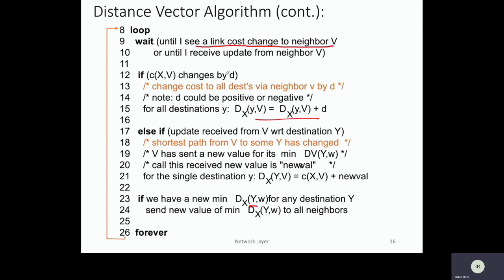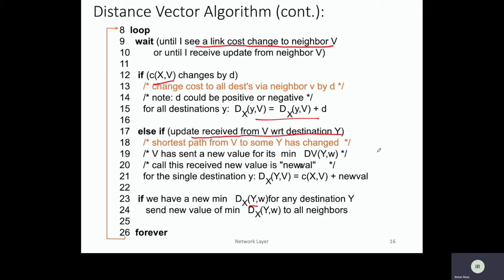Either a link cost has changed, that is the cost from X to V. If it has changed, we will recalculate the cost. Or else we'll wait for an update from V with respect to some destination Y. Again, we'll calculate the new cost, and if the new cost is minimum, we will communicate this update to our neighbors.